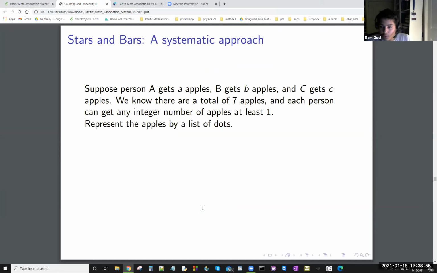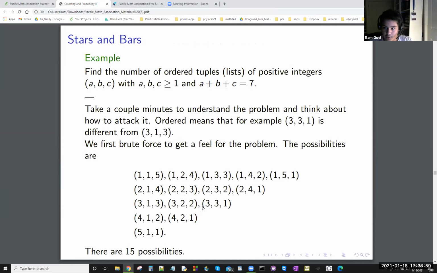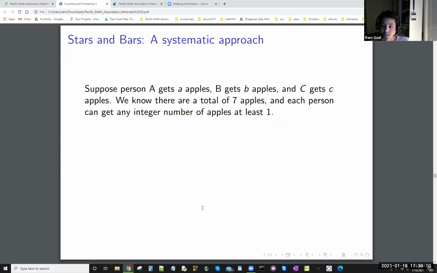Now, what we're going to do, we're going to represent the apples. We're creating a new analogy here. So this problem was just algebraic. And now we're saying, okay, let's say we have ABC, create person ABC and give them some apples, A, B, and C in particular. Now, this is very different from the previous example because these apples are indistinguishable.